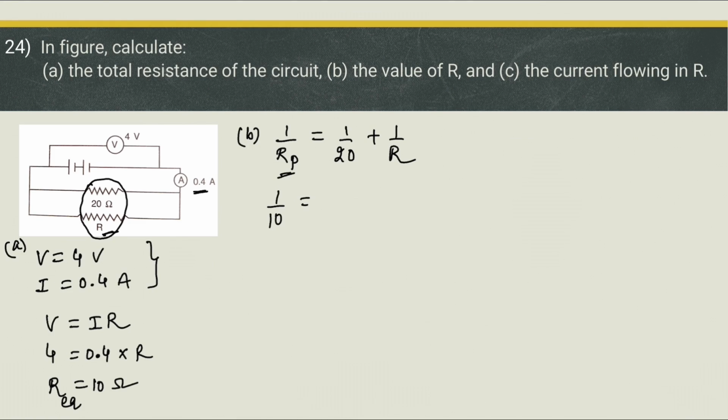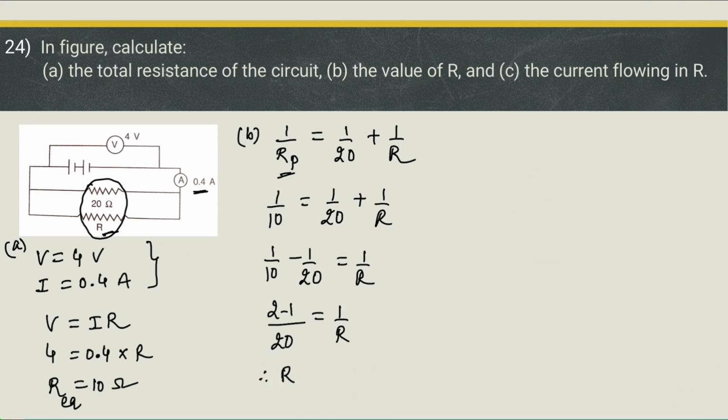So 1 by 10 is equal to 1 by 20 plus 1 by R. 1 upon 10 minus 1 upon 20 is 1 upon R. 2 minus 1 over 20. So this gives us finally the answer R is equal to 20 ohm. Okay, so the value of the unknown resistance R is equal to 20 ohm.